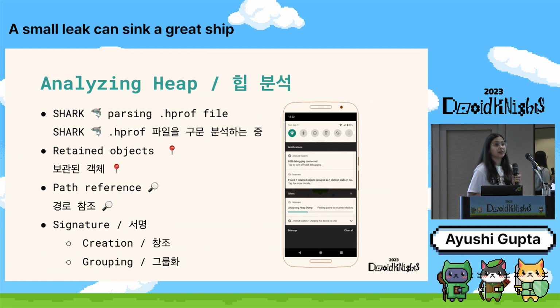Then it will find the path references of those retained objects, like what led them to the state they are in right now. Not only that, LeakCanary creates a signature for each leak trace and groups them together so that it's easy for you to find a bug.